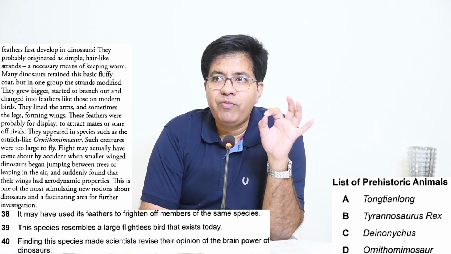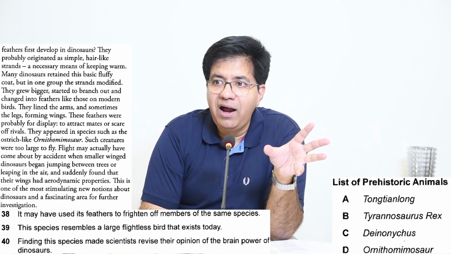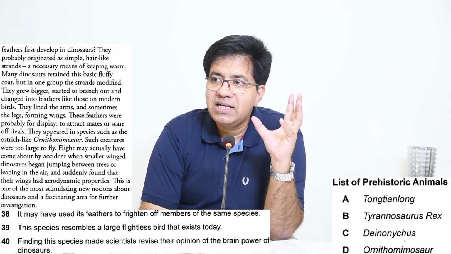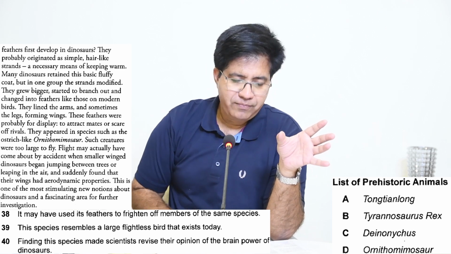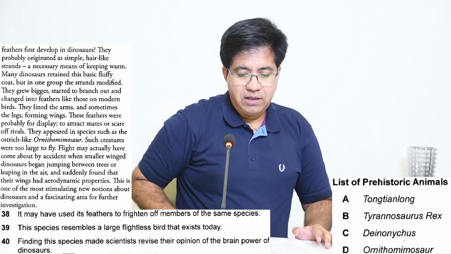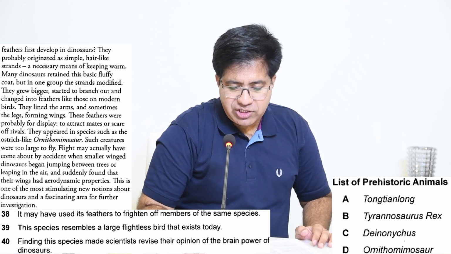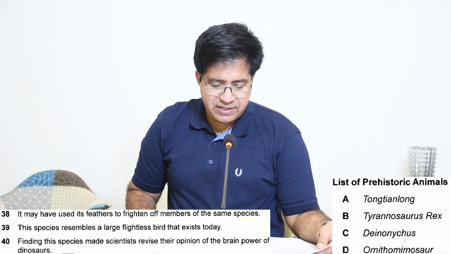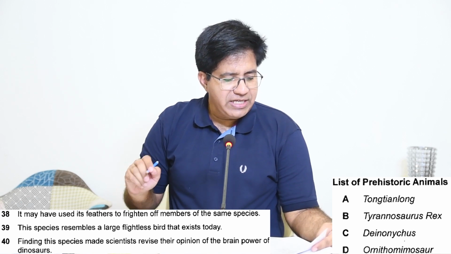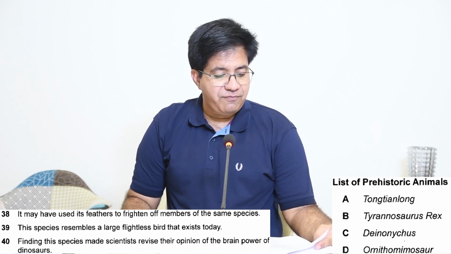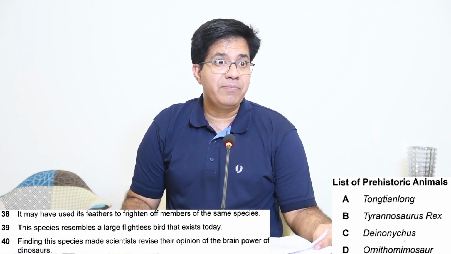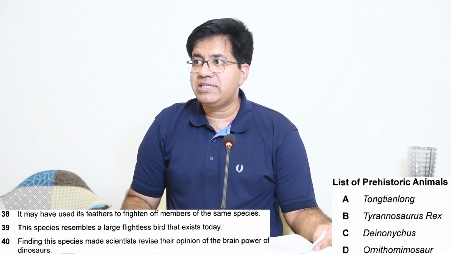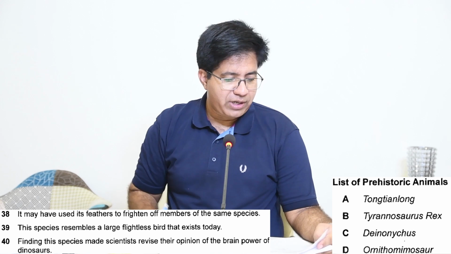Ostrich-like. So what is an ostrich? A large, flightless bird. Okay? Yes, such creatures were too large to fly. That's right. So the answer is what? D. Now 2 questions we've done with D, and see, it's saving time. If you understand, it's saving time. Otherwise, you will take more time.